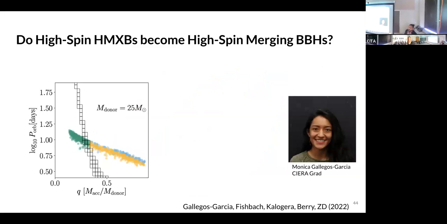In that case, it just naturally comes out that the things that do get spun up don't also tend to be the things that turn into binary black holes. I didn't really have a chance to talk about these plots, but basically you can see here in black, these are the things that get turned into binary black holes that merge in a Hubble time. And these dots are all the things that go through case A mass transfer. And the intersection between these is just very small.